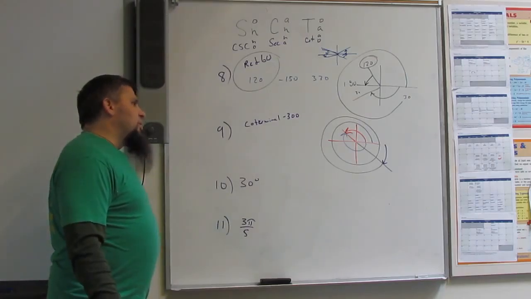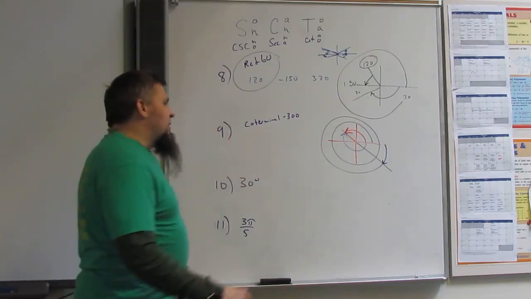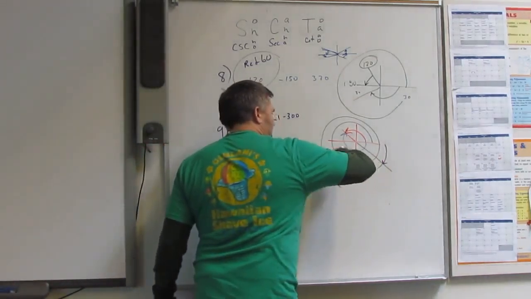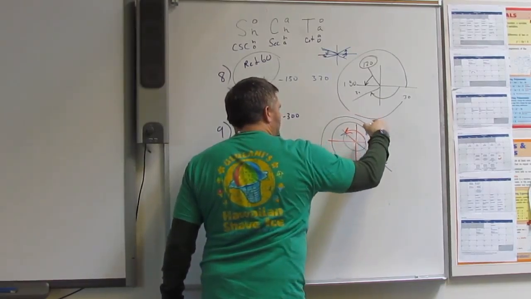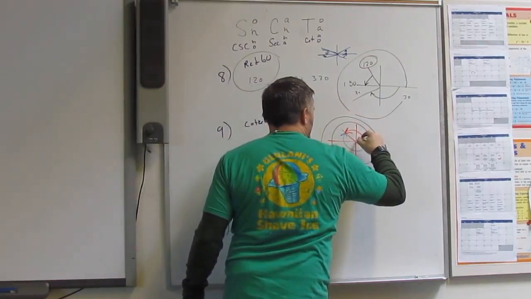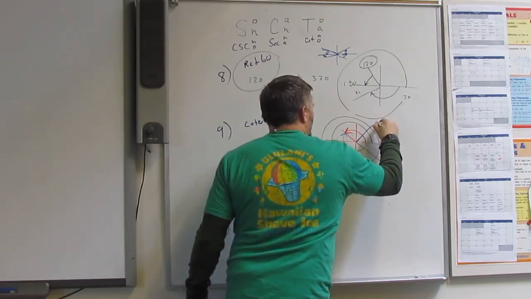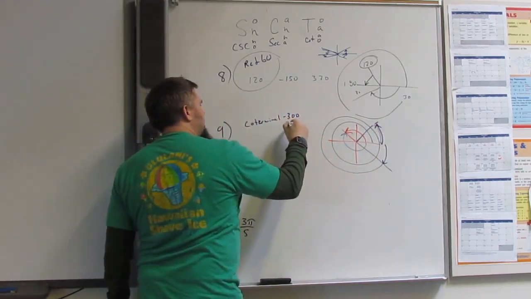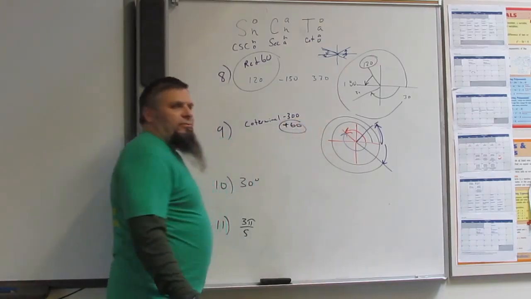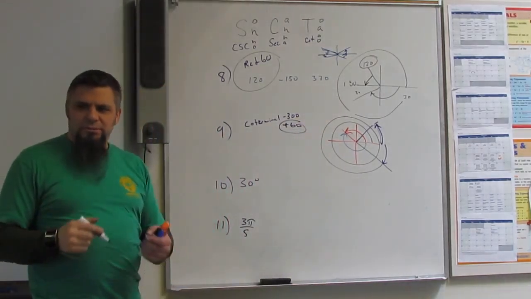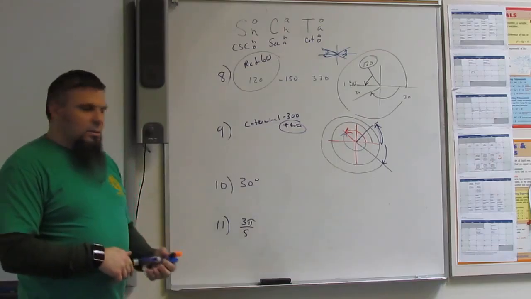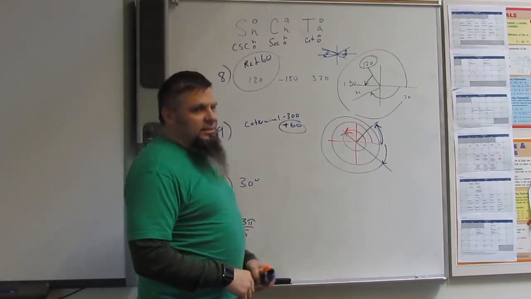Okay? So when we're talking about negative 300, we're talking about going this way. But we didn't make it. We're still 60 away. So we're positive 60 away from making it a coterminal. So think of it like this.